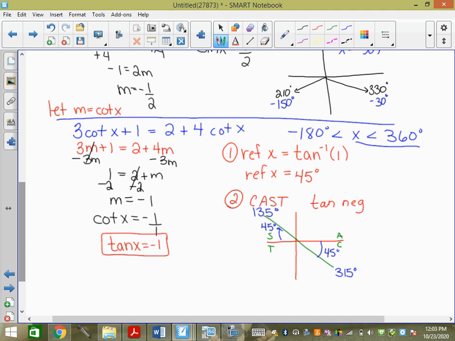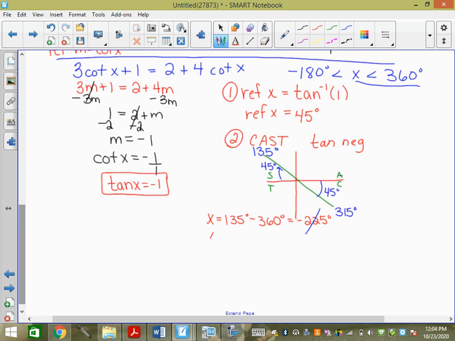And then we have to check their coterminals to see which ones will actually fit in the domain from 0 to -180. So we subtract 360. So 135 minus 360 equals -225. Does that one fit? Nope, it's too big. I have to stop at -180.